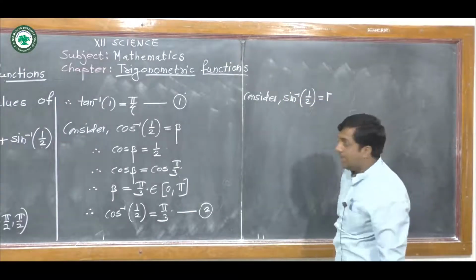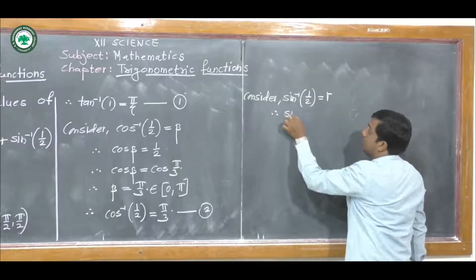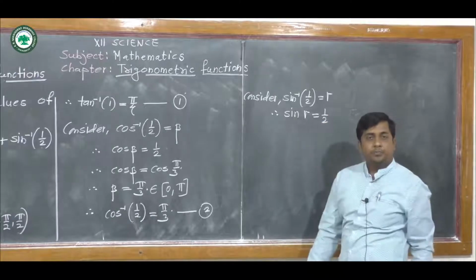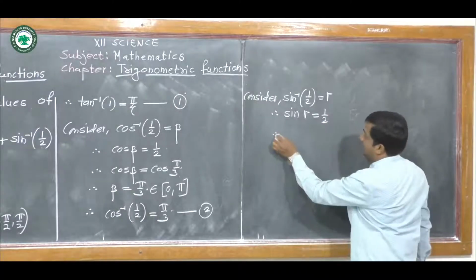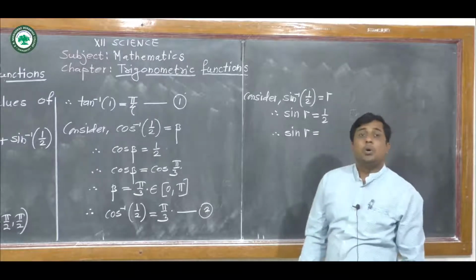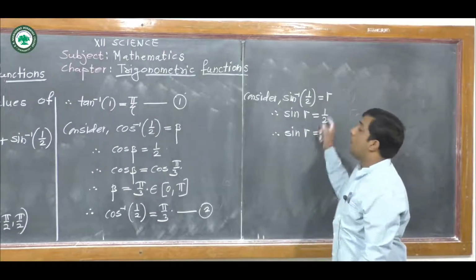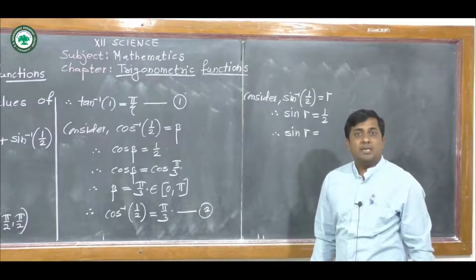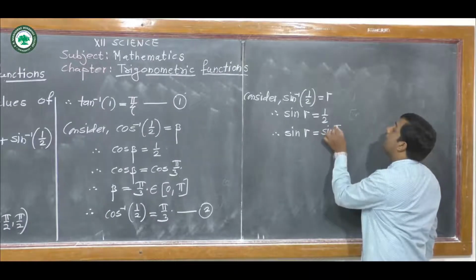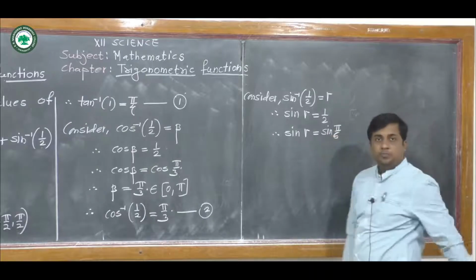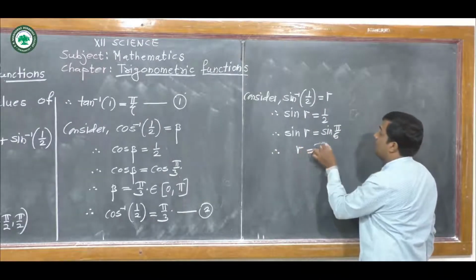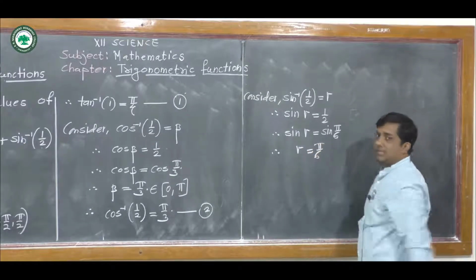Now by using our definition, here I write sine gamma is equal to 1 upon 2. Then sine gamma is equal to, now we know here sine pi by 6 is 1 upon 2. So this is equal to sine pi by 6. Now comparing both the sides, here we get gamma is equal to pi by 6.